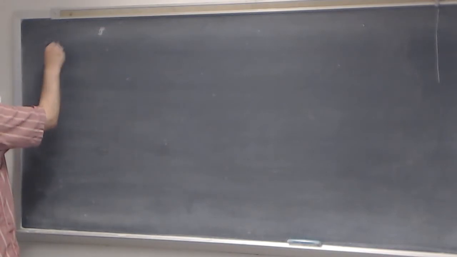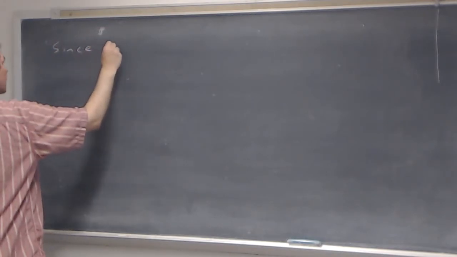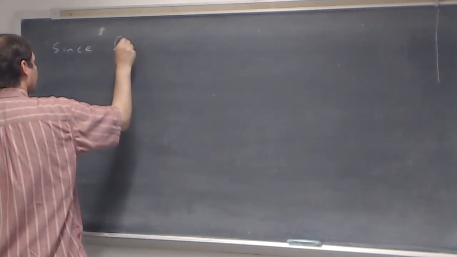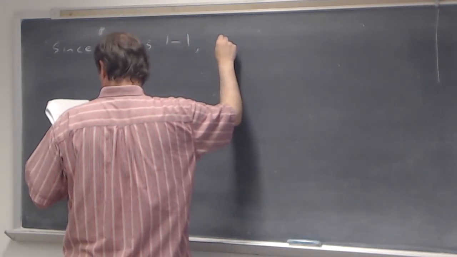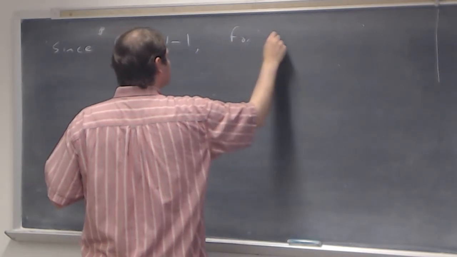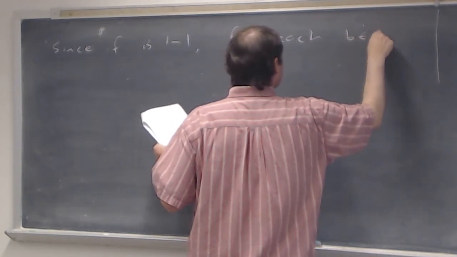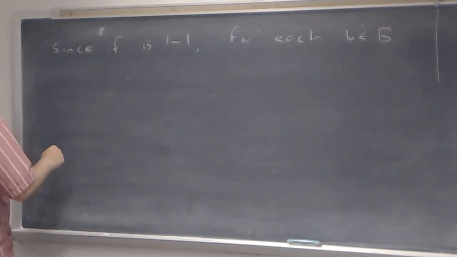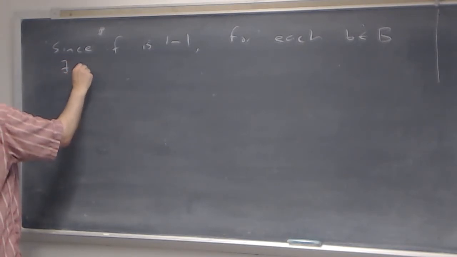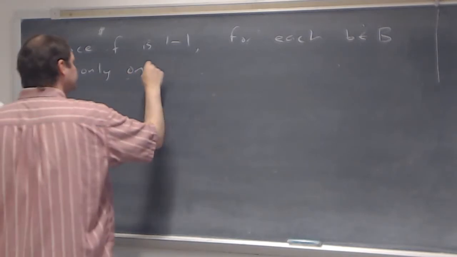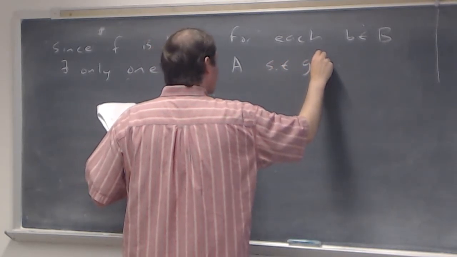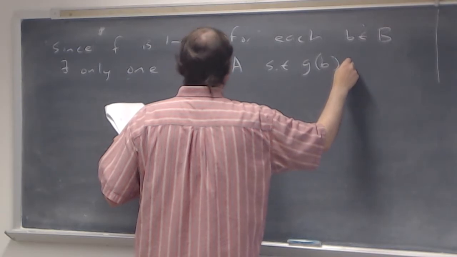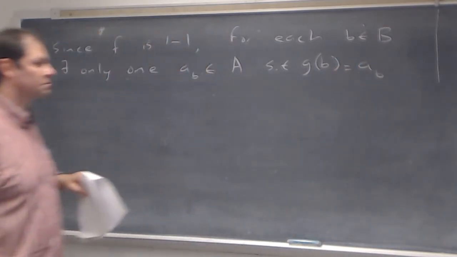Okay, since f is one-to-one, then for each b element of B, there exists only one a sub b element of A such that g of b equals a sub b.